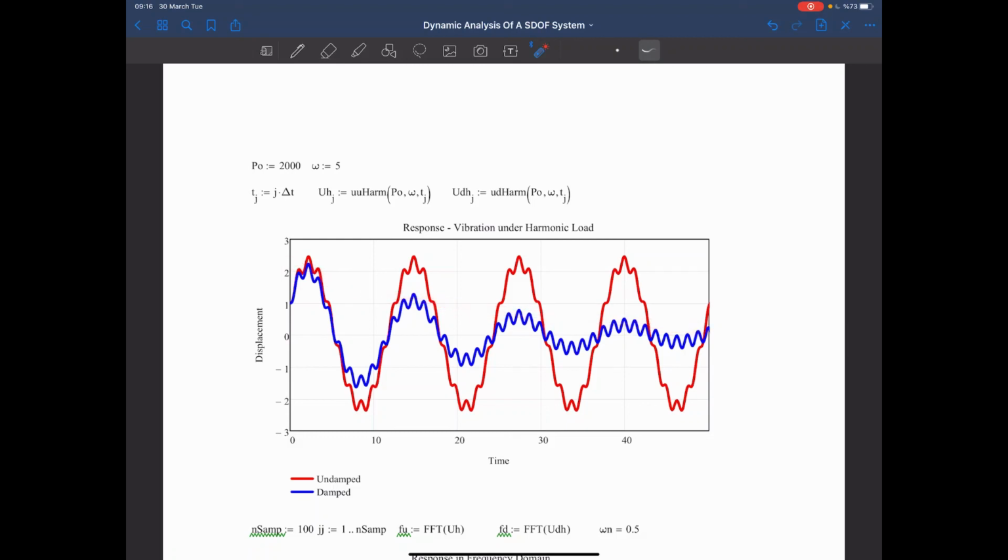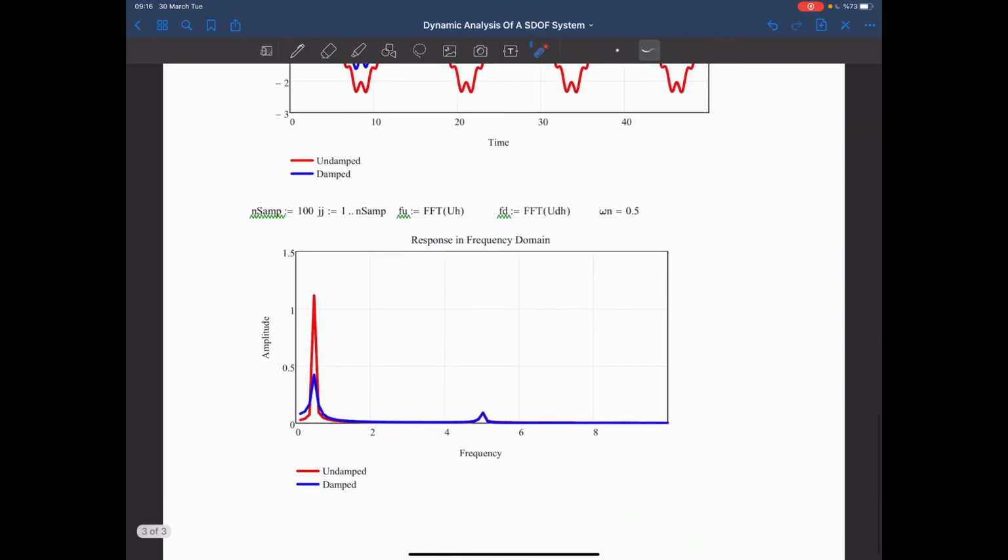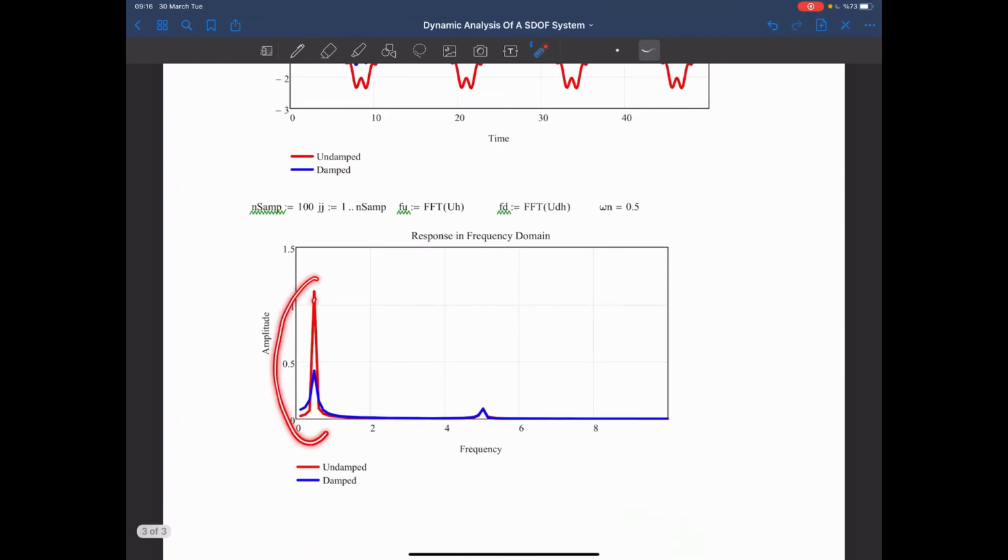Again, when we look at the results in the frequency domain, this is what we see. This part is related to the natural frequency of the system, but we see another peak right here, and this peak is at a frequency equal to 5.